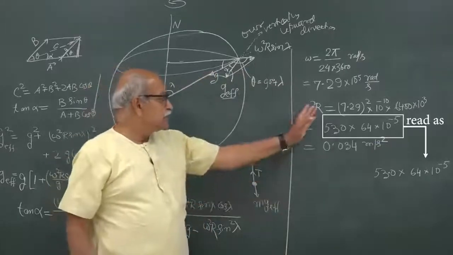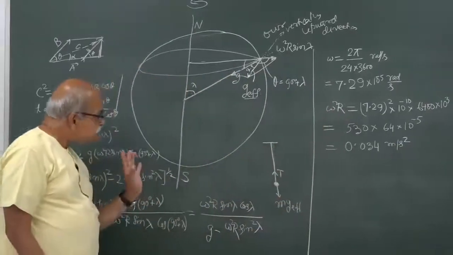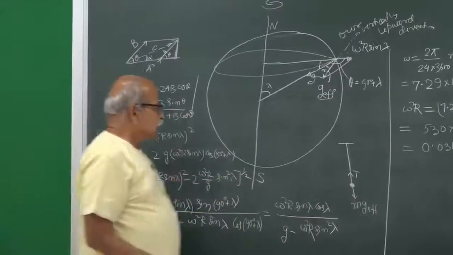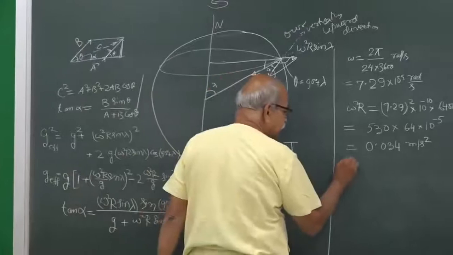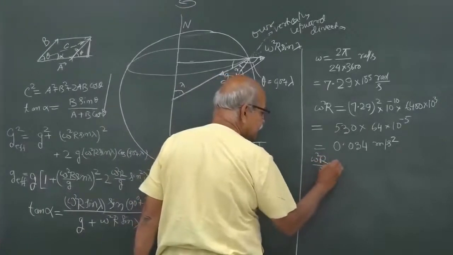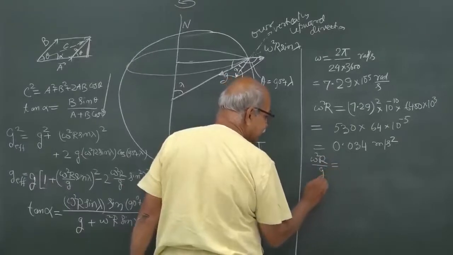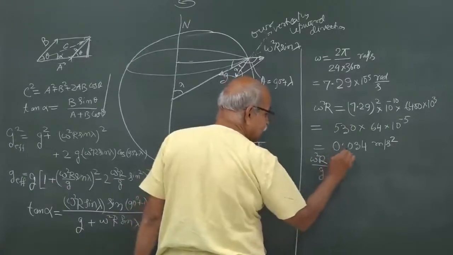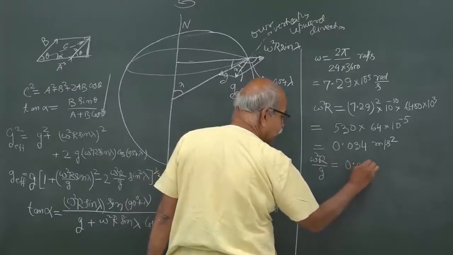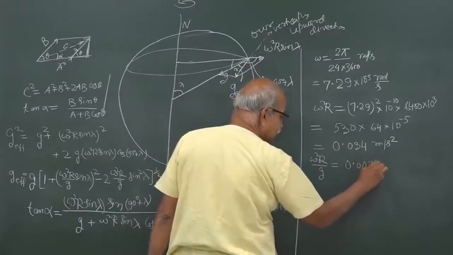Okay. So, this is omega square r. If you compare with g, this omega square r by g is this divided by 10, since g is around 10. So, this will be 0.0034.